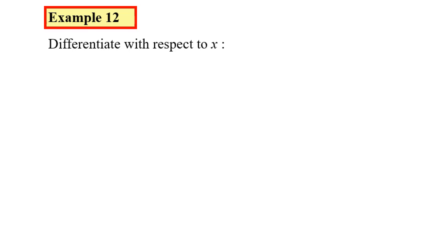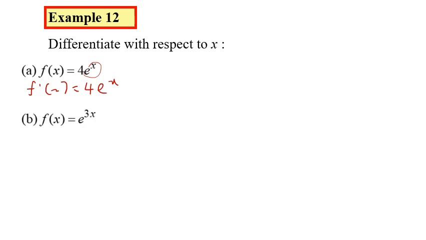Next, example 12. Differentiate these questions. The first one, the function f is 4e to the x. So f prime equals 4, and we copy the exponent. Just like that.